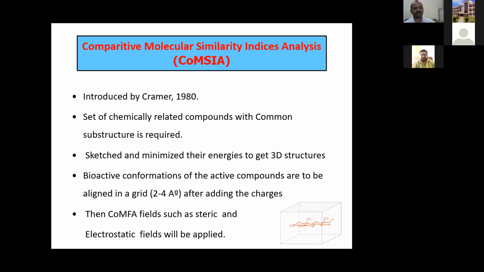Before that, even in the process of any 2D QSAR or 3D QSAR, we select a bunch of molecules, and in that set of molecules, we divide them into a training set and a test set. So what is meant by training set?